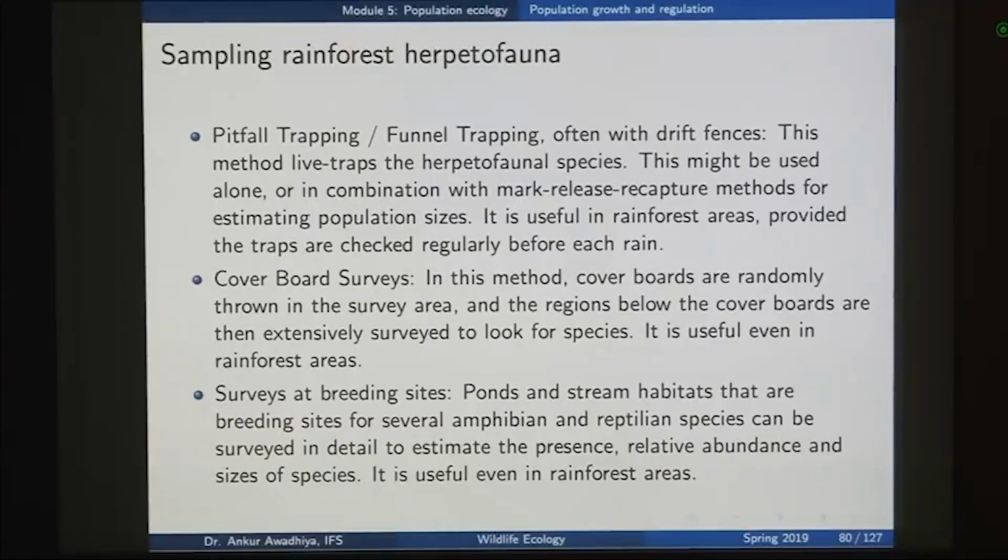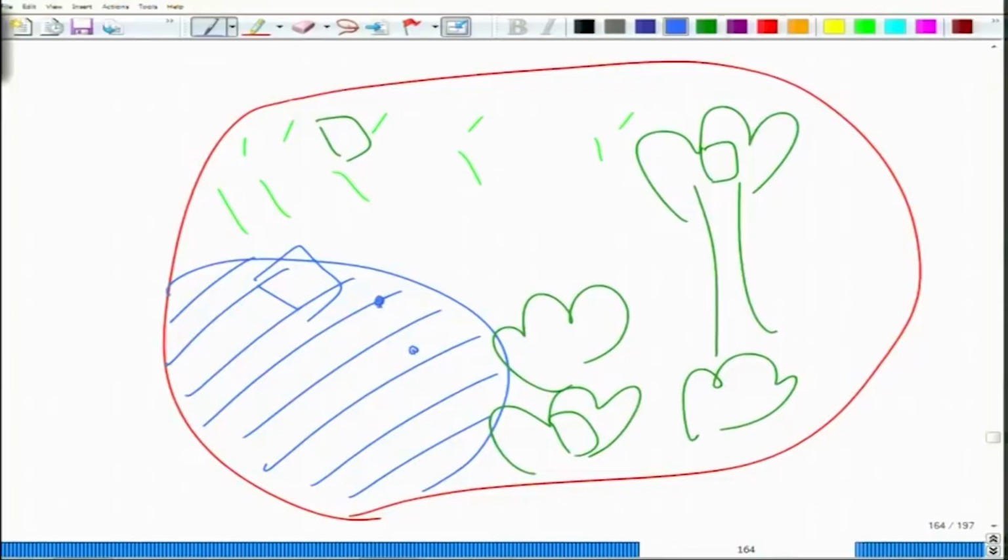So, in this case what you are doing is, you know that these frogs are there in this water body, and probably they will come out after some time, and probably they will go into the grasses if this is the behavior of such an animal. So, in that case you will set up a pitfall trap.